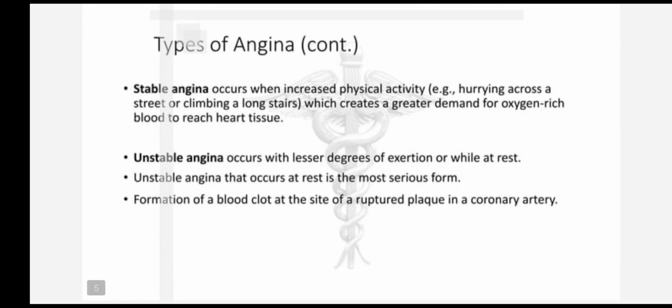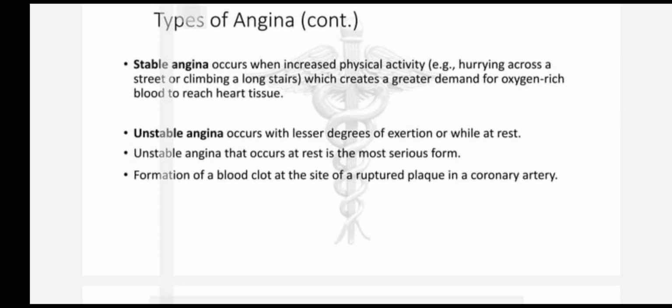Types of angina. Stable angina occurs with increased physical activity, for example hurrying across a street or climbing long stairs, which creates a greater demand for oxygen-rich blood to reach heart tissue.